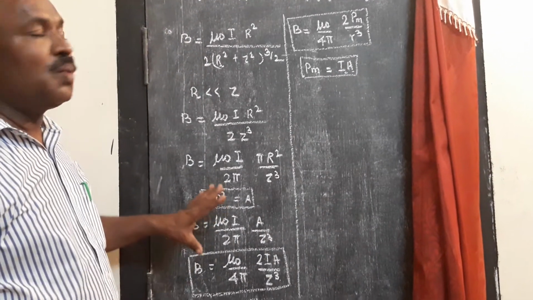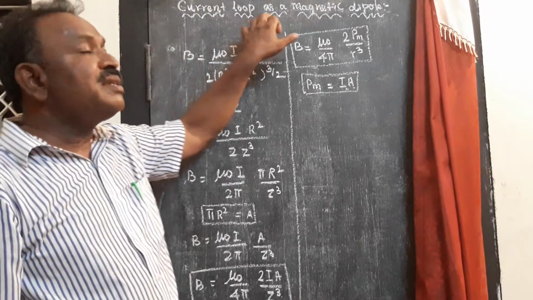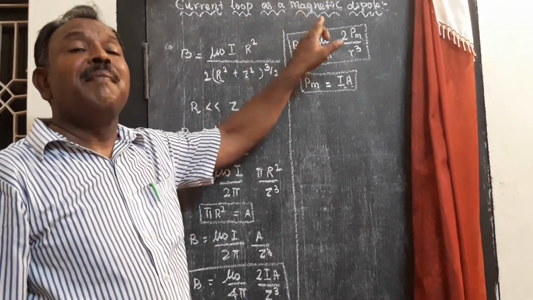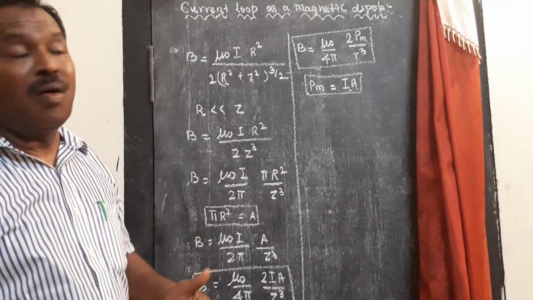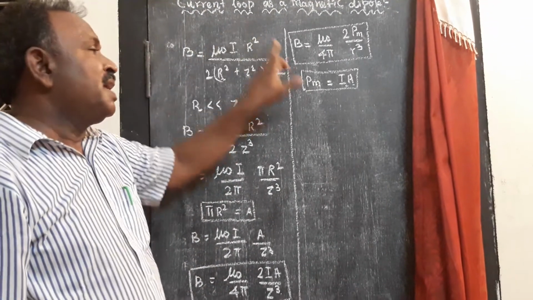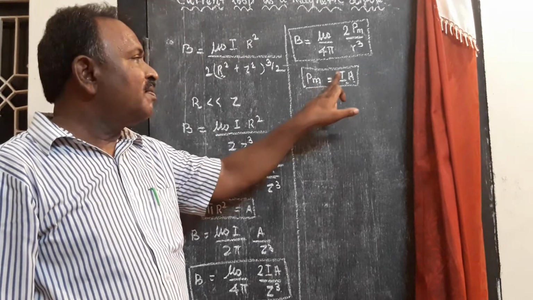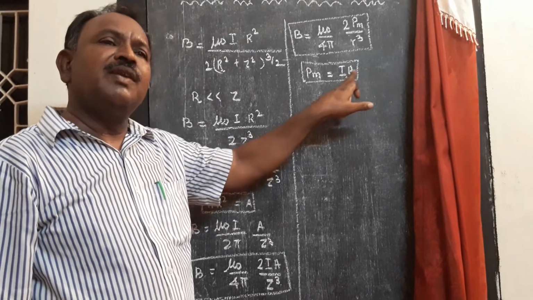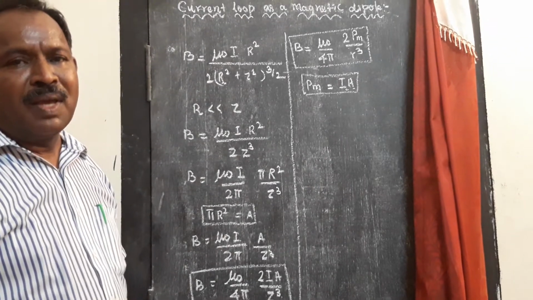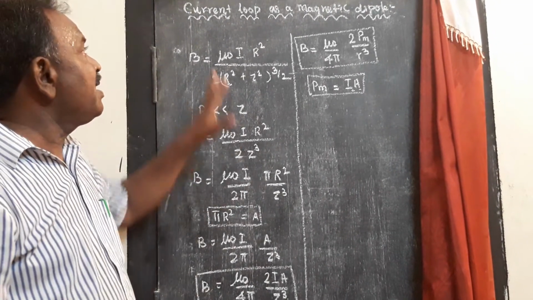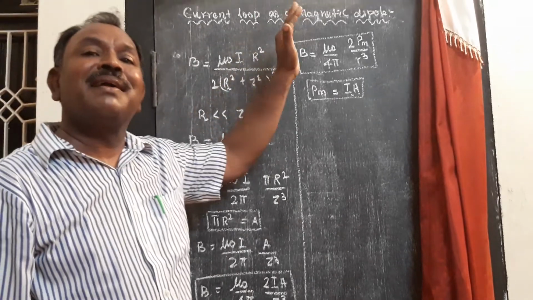So this is how a current loop is acting as a magnetic dipole, and the dipole moment of this current loop is given by the product of the current through the loop into the area of the current loop. So this is how a current carrying loop is acting as a magnetic dipole.